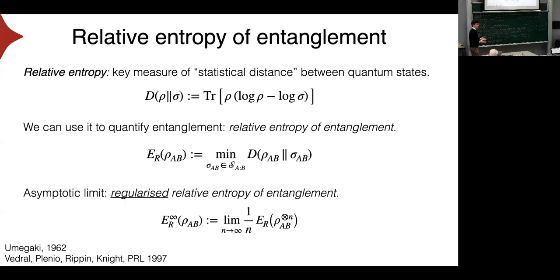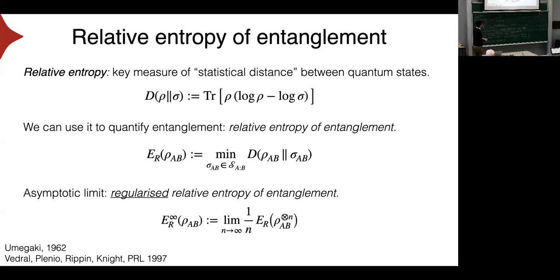Okay, and since we are in quantum information theory, we always have to regularize this because we are looking at the many copy limit and there is no way out but to regularize this expression. This is a very famous entanglement measure called the regularized relative entropy of entanglement, ER infinity. It's defined as the limit of 1 over n times the relative entropy of entanglement.